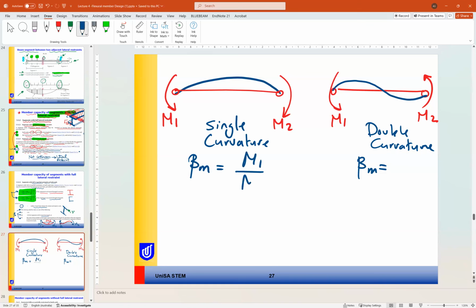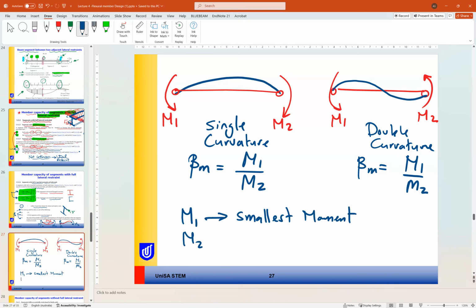Between M1 to M2, considering that M1 is the smallest, M2 is the largest moment.